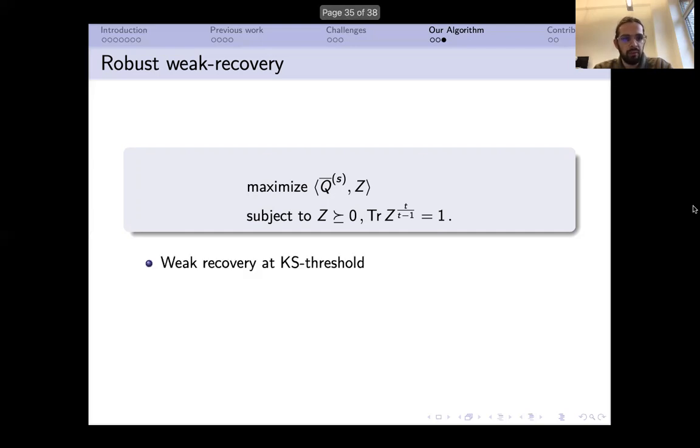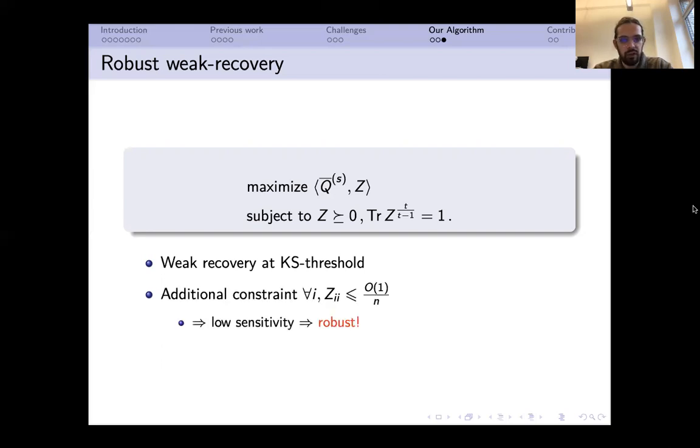Now, this algorithm can be used to perform weak recovery at the Kesten-Stigum threshold. And it can also be made easily robust. It's sufficient to ensure that the matrix that we're looking for is approximately flat. So we add these additional constraints, and the consequence of that is that we have low sensitivity, and so the algorithm is immediately robust.